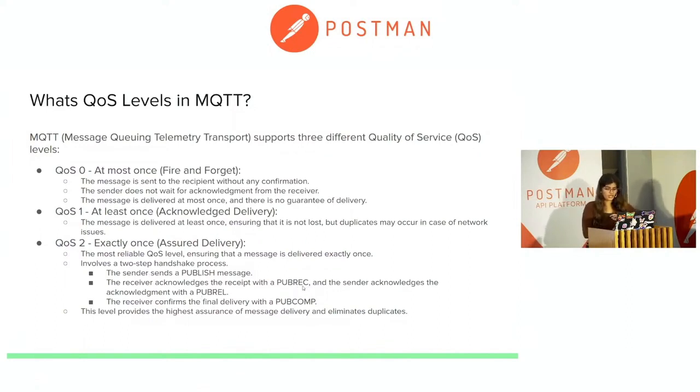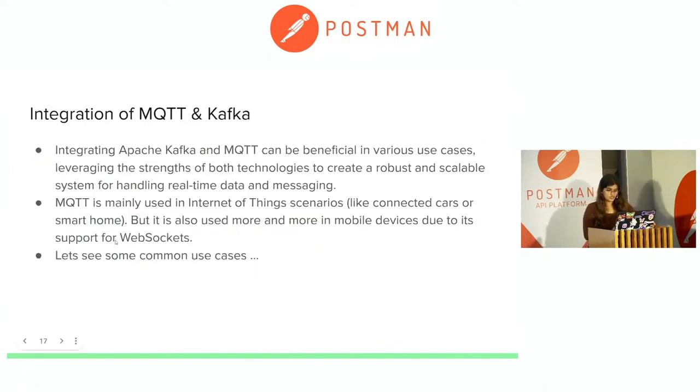The receiver then confirms the final delivery of the message with a PUBCOMP, which acts as a final acknowledgement. Right, so this level provides the highest assurance of message delivery and eliminates duplicates, and most applications assure that this level is present in their application.